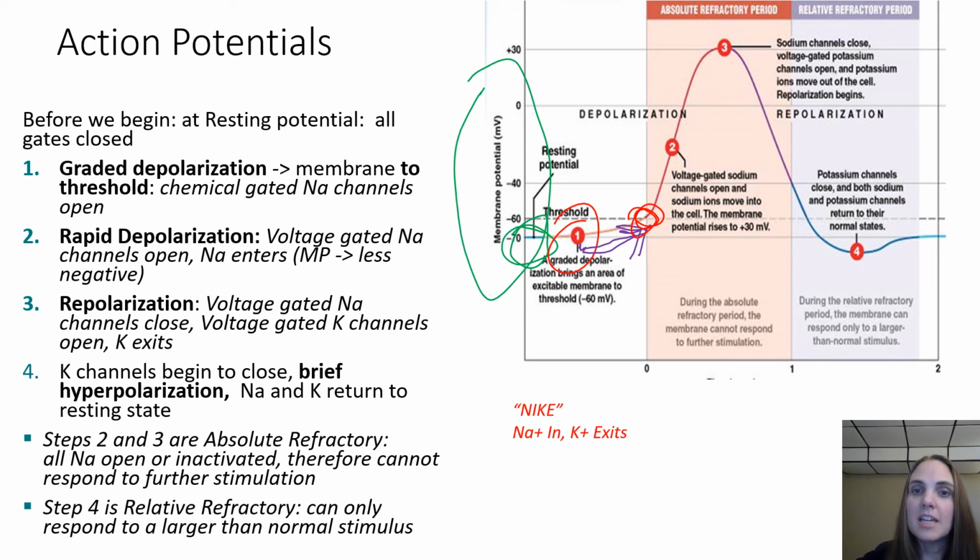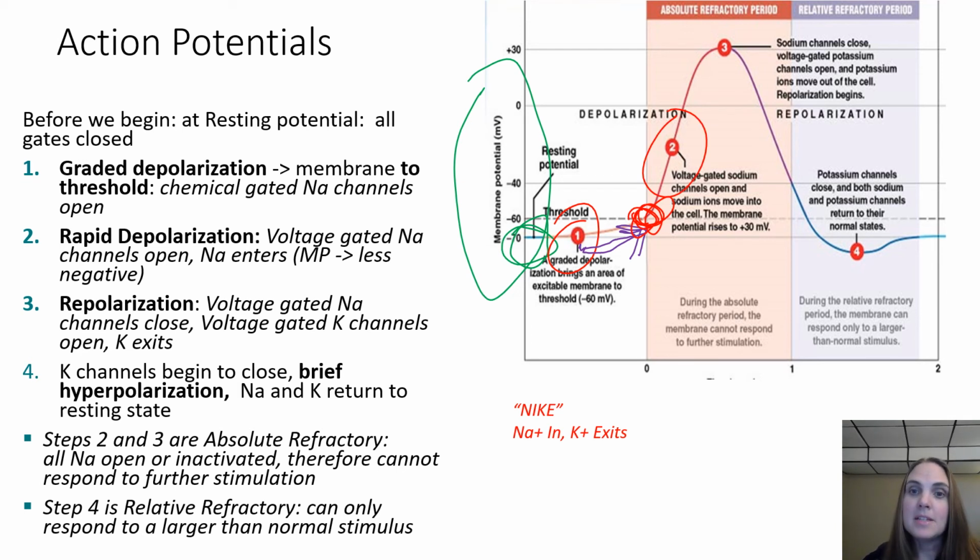We get to threshold because of that graded depolarization, and we've then got voltage-gated channels on the axon. Those voltage-gated channels are going to open, and the sodium channels are going to open first. So our voltage-gated sodium channels are going to open, and sodium ions are going to move into the cell. And that's what's happening here at step 2.